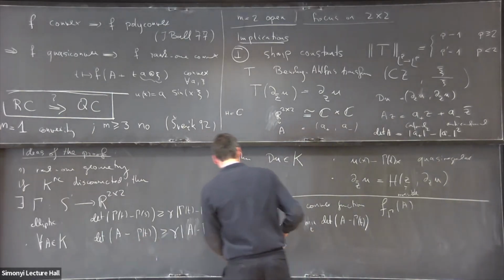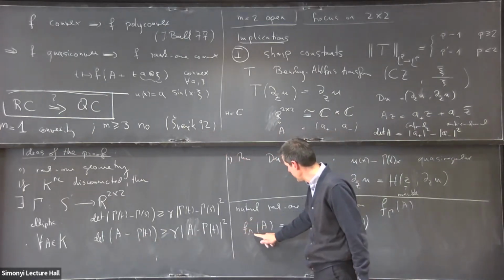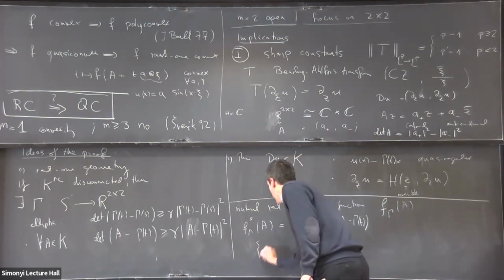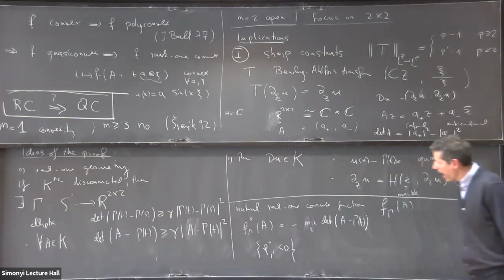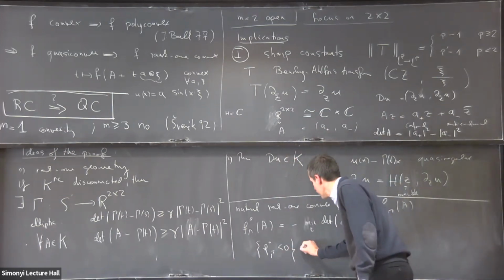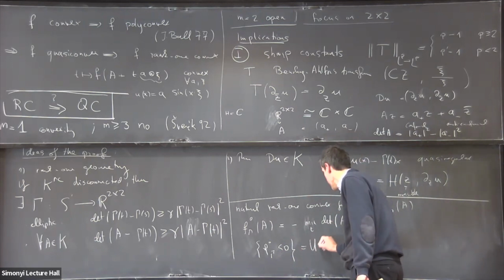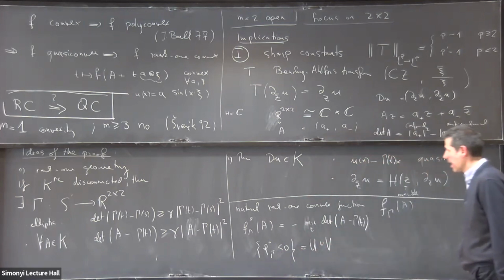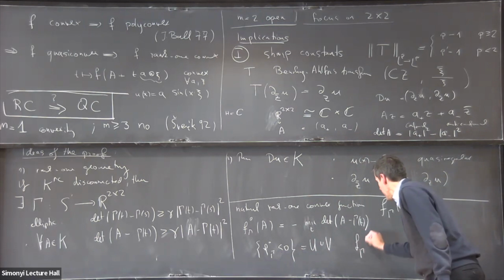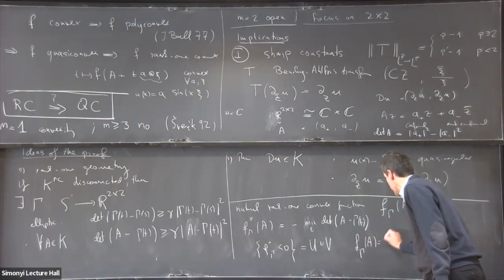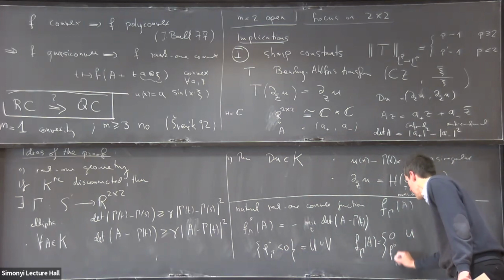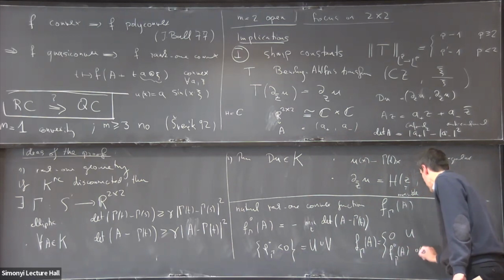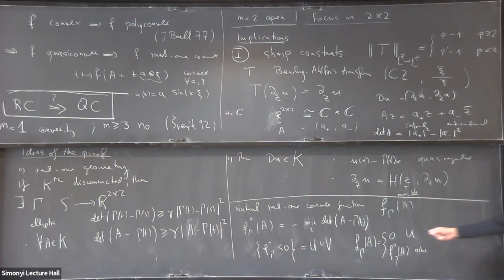This property says that K will be contained in the set where F0 gamma is negative, and this set consists of two components, say U and V. Then define F gamma of A to be equal to 0 in U and F0 gamma of A otherwise. In U it was negative, so I'm just raising it to 0.